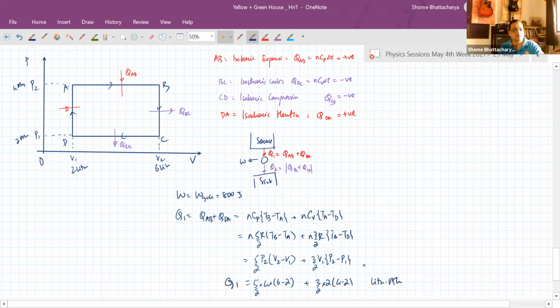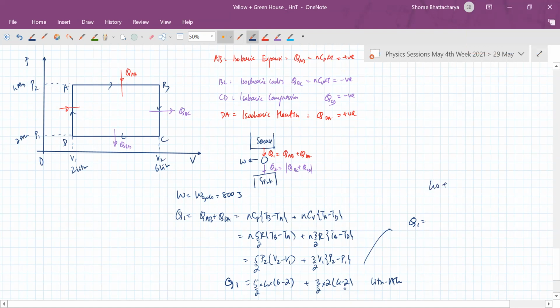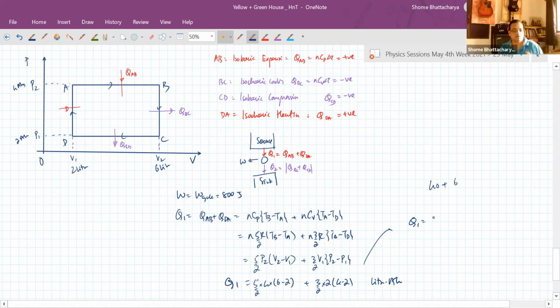So our Q1 will come out to be 5 into 4 into 2, 10. So 40 plus this will be 6. So 46 liter atmosphere. So 4,600 joules.